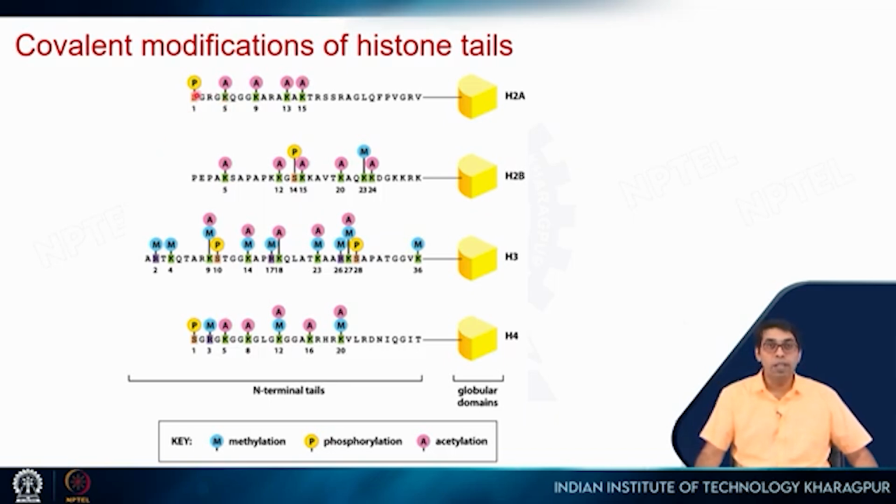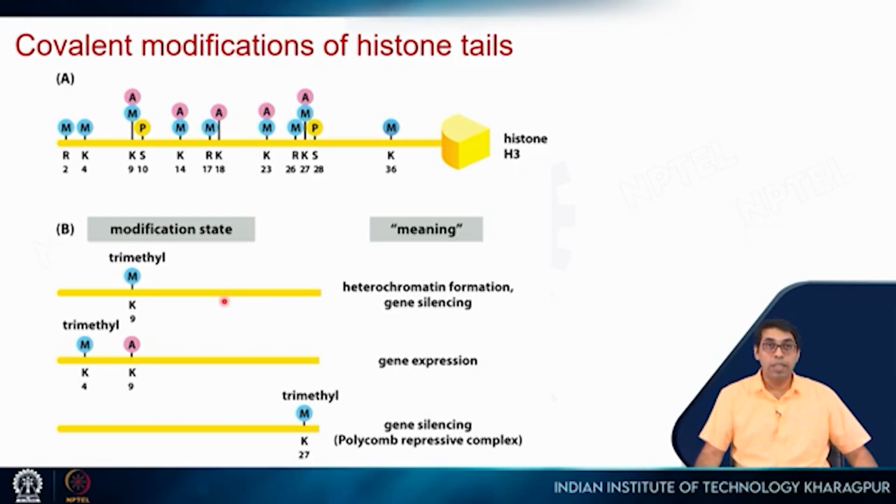And it turns out that a combination of this acetylation and methylation indicates certain signals to the cell. One such example is shown here. So, what is the meaning of this?